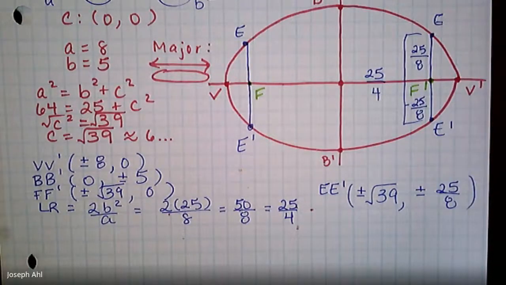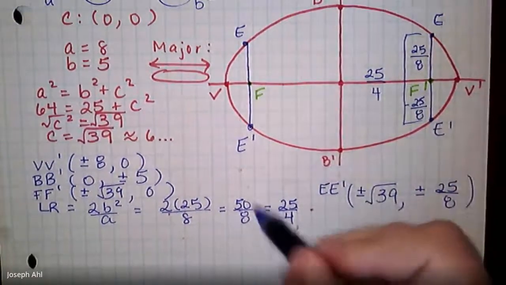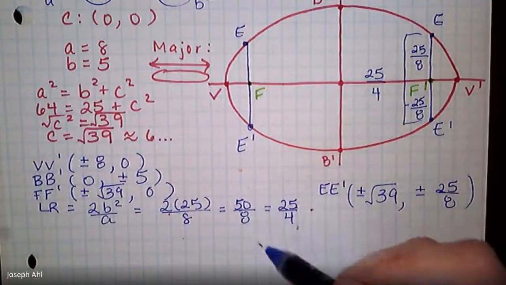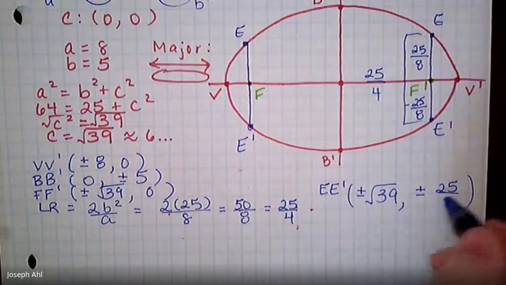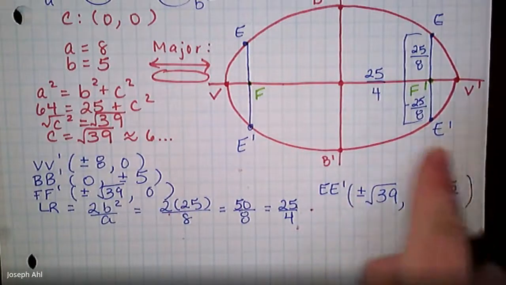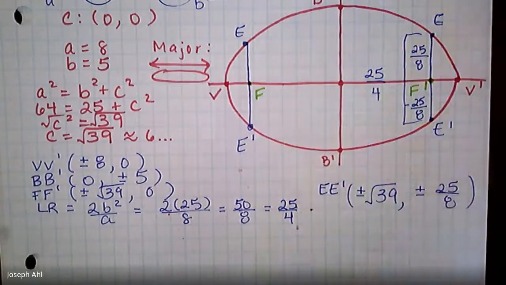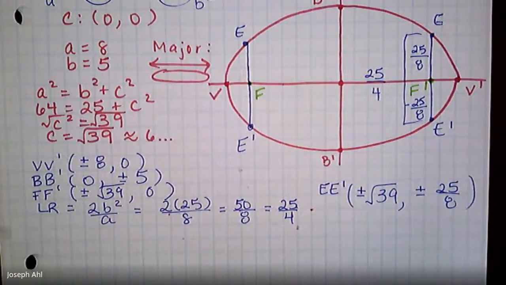Okay, and you can check it out. Because if you do 25/8 plus 25/8, that's 50/8, which was the entire length of the LR. But that's how far up and down we should go from the focus coordinate of plus or minus radical 39. This is the part that will take the longest to get used to, but we're going to do enough of these that by the end, you should feel pretty confident with it.